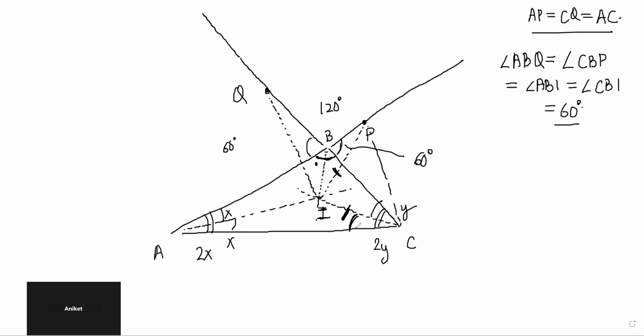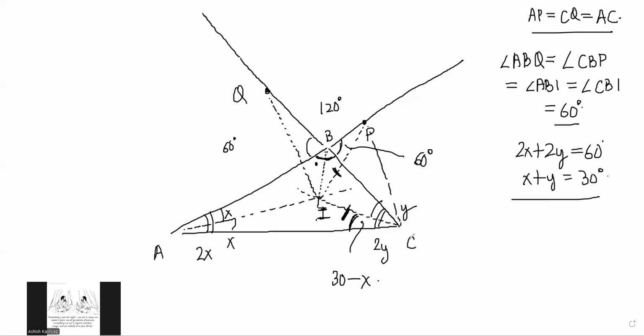Because angle B is 120 degrees and angle A is 2x, so that has to be 60 minus 2x. Or 2x plus 2y is 60, so x plus y is 30. That's why it is 30 minus x, which is equal to angle IPA by congruency.